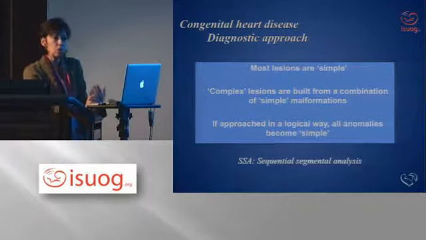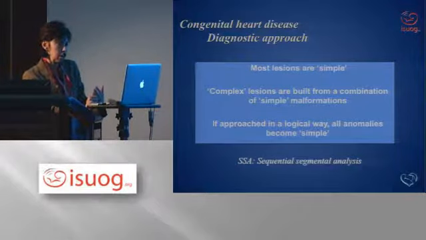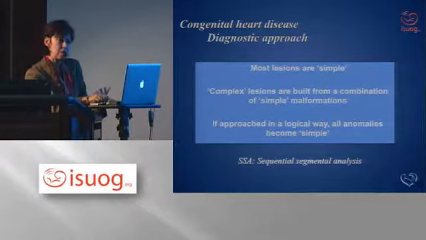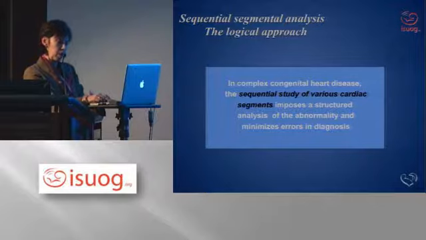If you approach the heart in a logical way, all those complicated abnormalities will become simple. But it is therefore necessary that people understand what the terminology means, because this is man-made.